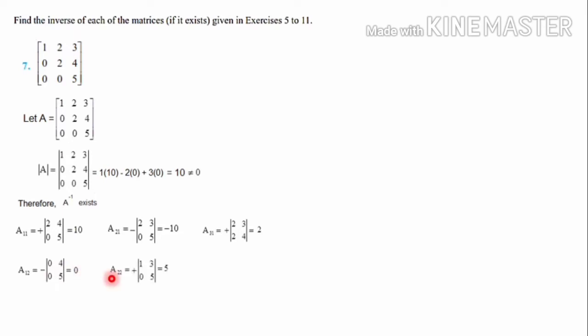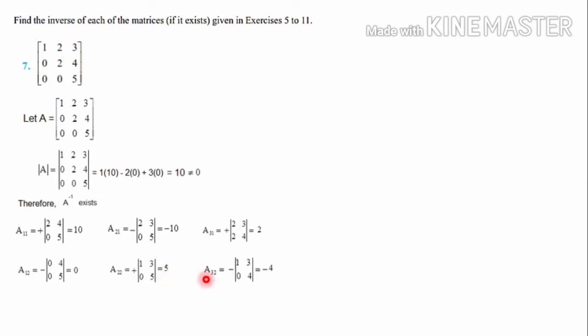Next is the cofactor of the element A22. The A22 element is 2. That row and column is gone. Then 1, 3, 0, 5 are the elements. The sign is plus because 2 plus 2 is an even number. 1 into 5, 5, minus 3 into 0, 0. So 5 minus 0 is 5.